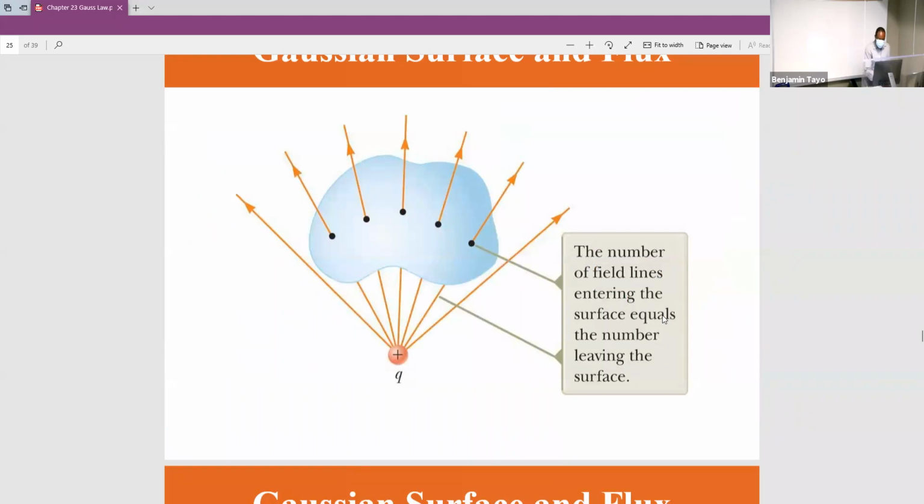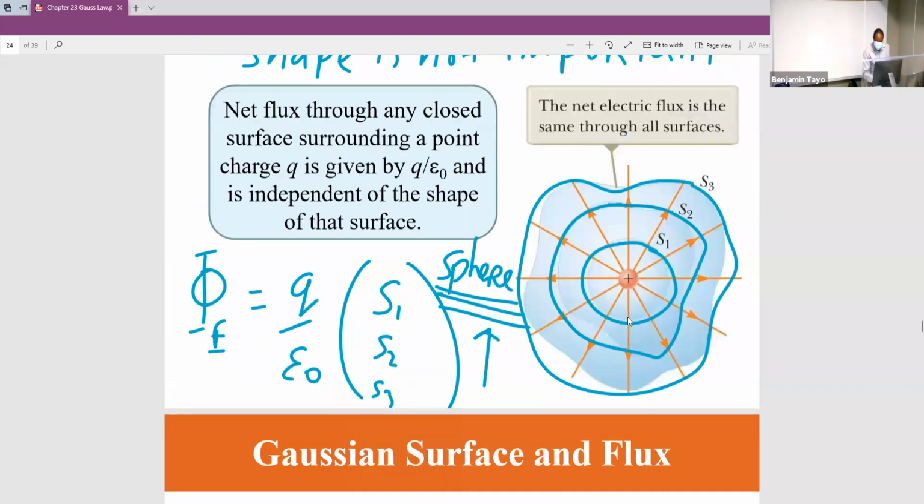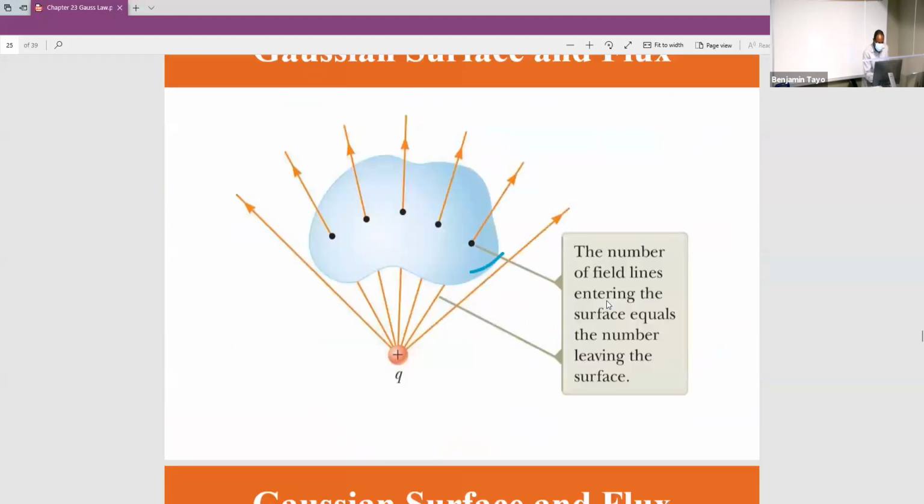So this is an example. Now look at this example here. Notice that S1, S2, and S3 each contain a charge inside. But if you look at this other surface here, this does not contain any charge.